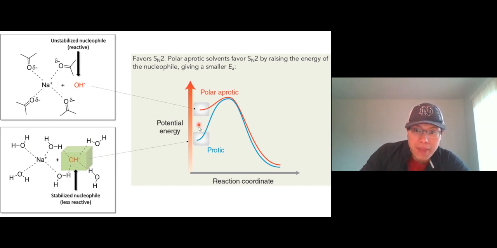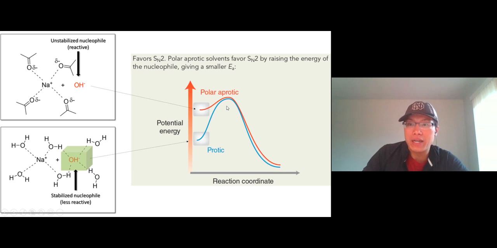When it's more stable, come down here, the energy level is lower, so there is a higher activation energy to overcome. See that? Compared to a polar aprotic solvent that leaves the nucleophile alone, the nucleophile stays reactive and the activation energy is small. So the SN2 reaction goes more quickly.